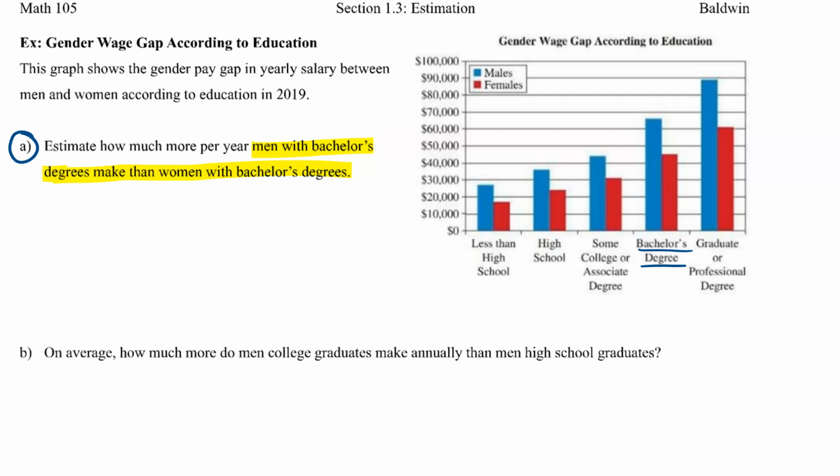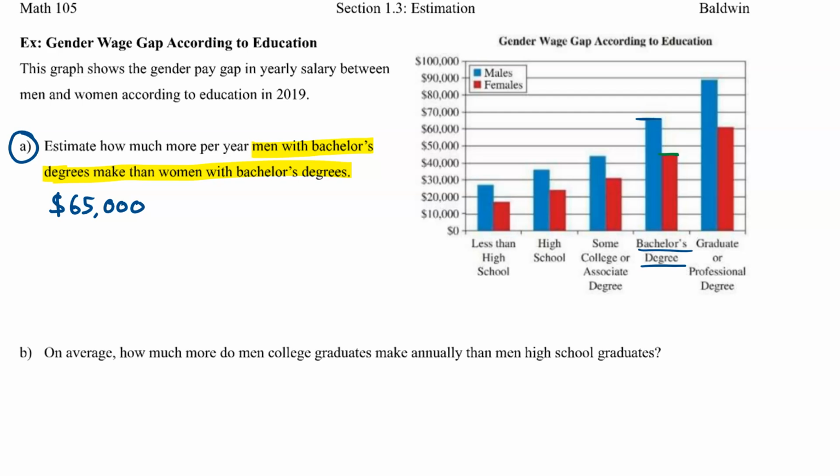So if we're focused on bachelor's degrees and we are estimating, we're estimating using the height of that bar. With our males, it looks like that would be approximately 65,000. And with our women, the red bar, that looks to be about 45,000.